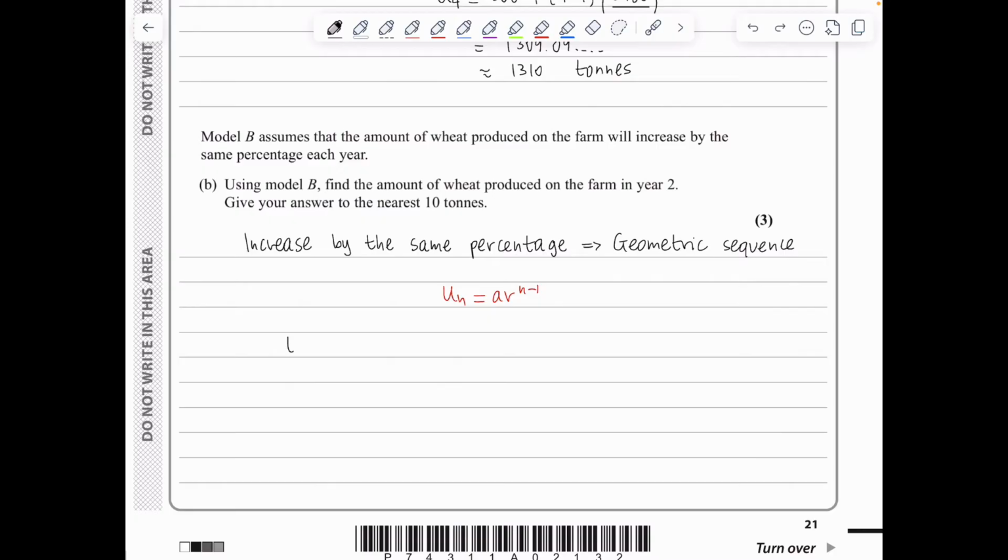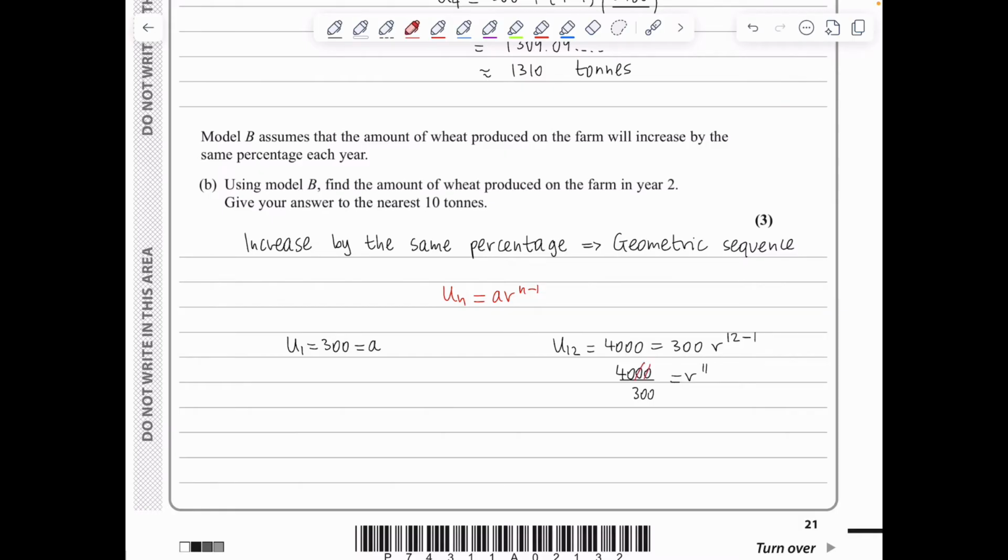So once more, we've got that U1 is 300, which is equal to A, and U12 is equal to 4,000, which is equal to A of 300 times R to the 12 minus 1. So we get that 4,000 over 300 is equal to R to the power of 11.